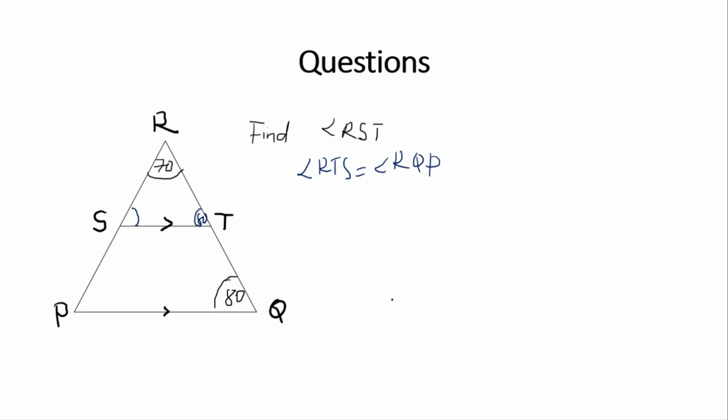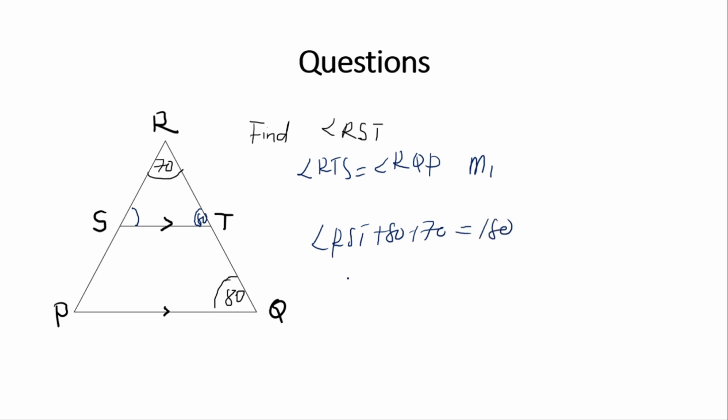Now, if you state this in an exam, you are going to be given method 1. And so it is very necessary you always state. Now, if you know this angle and you also know this angle, then we can find this, because SRT is another triangle. And the sum of interior angles of a triangle is 180 degrees, just like we have been seeing. So angle RST plus 80 plus 70 equals 180 degrees.